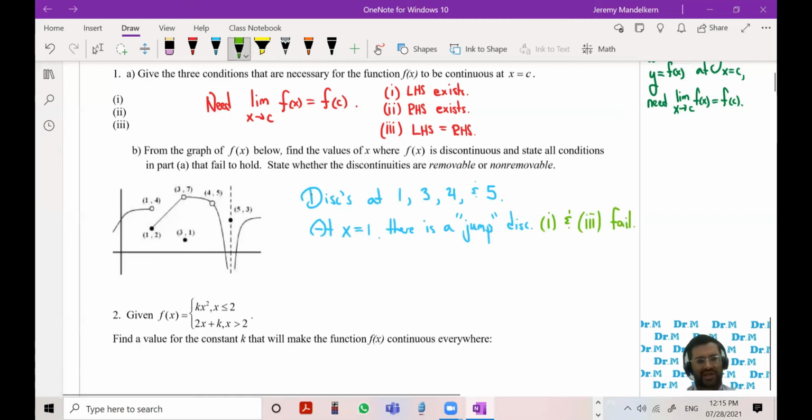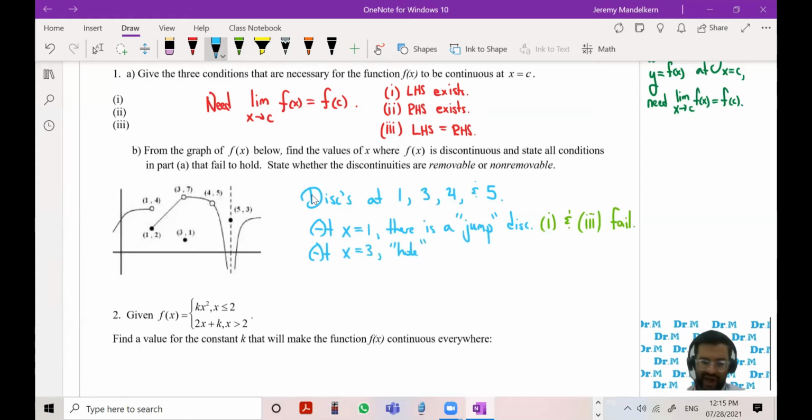We can say similarly at x equals 3, we have a hole. The function has been defined to have a different y value other than the y value where the hole is. Because of this, we can say that the limit does exist, as when you're approaching 3 from the left and from the right, the y values are tending to 7.